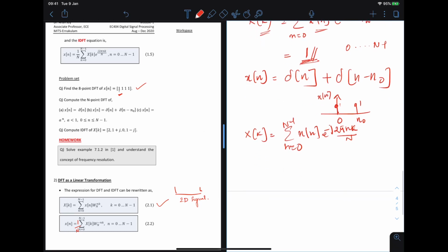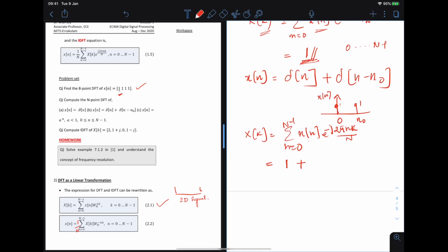X of k is equal to summation x of n e raised to minus j 2 pi nk by N. So your answer is going to be only at points n equal to 0 and n equal to n0 you need to worry. Here x of n e raised to minus j 2 pi nk by N, the first at n equal to 0, you already found out it to be equal to 1.